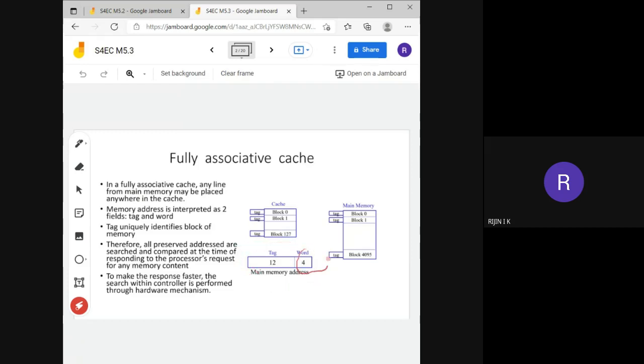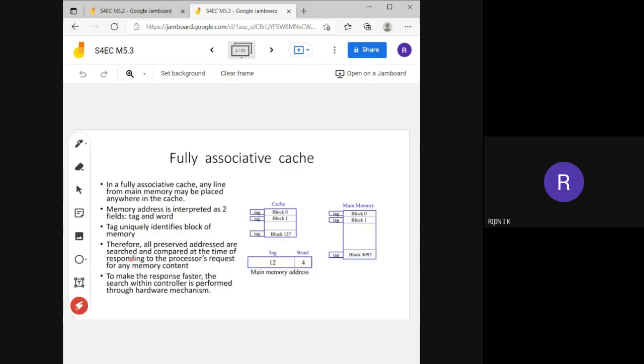The first 4 bits are used to identify the particular word, and the remaining 12 bits are used for the tag. So the memory address is interpreted as two fields, tag and word. The tag uniquely identifies which block of the main memory resides in the cache memory.